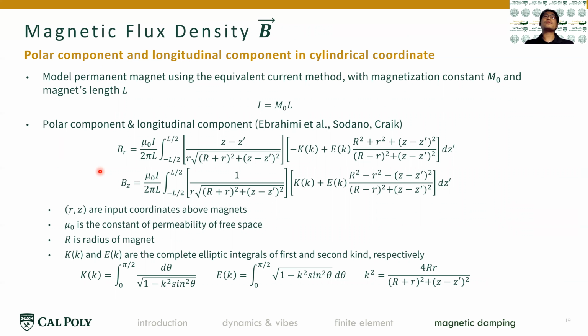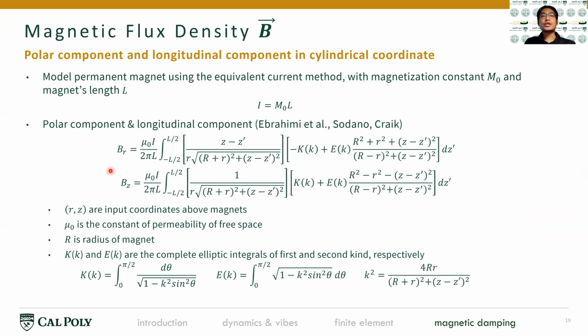So there's a couple of theories that we can use to model the permanent magnets. One of those is called the current method, the equivalent current method, where we use the magnetization constant of the material, that's M0, and the magnet length to figure out the equivalent current of the magnets.